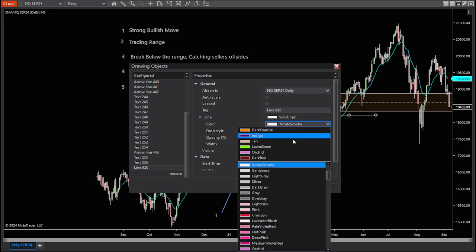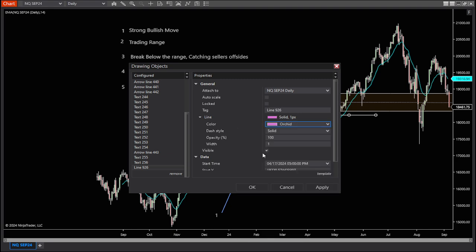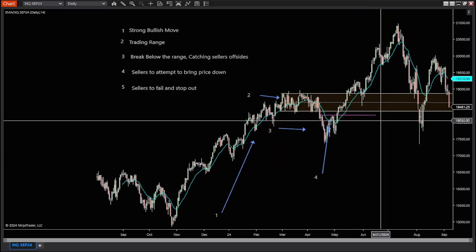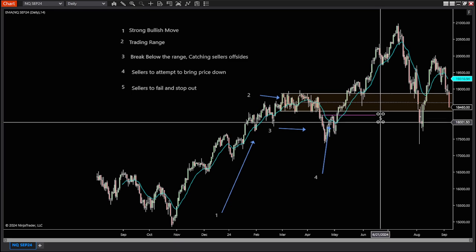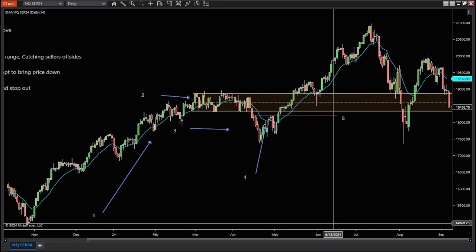And this is going to be 5. All right, let's zoom in a little bit.